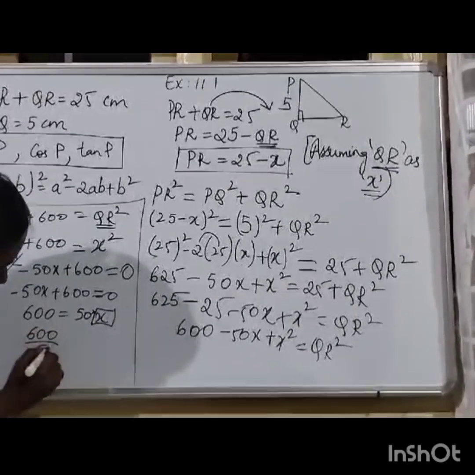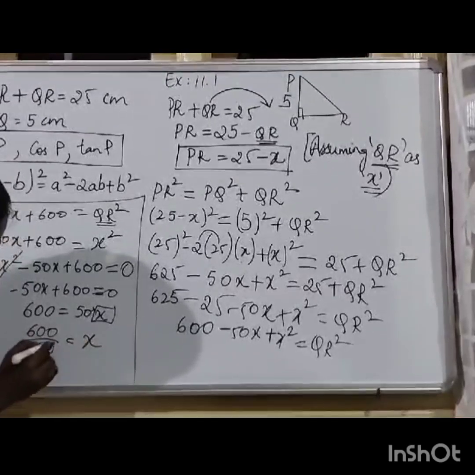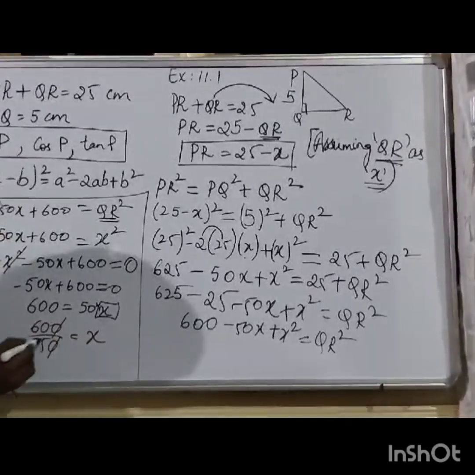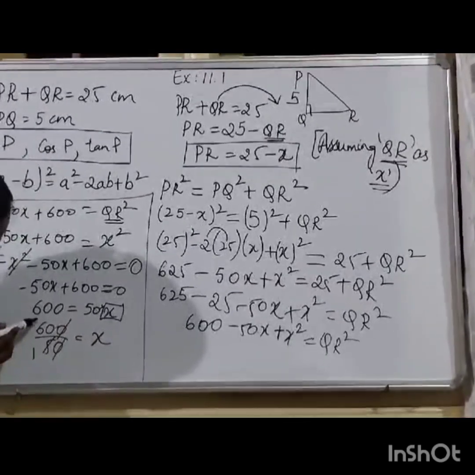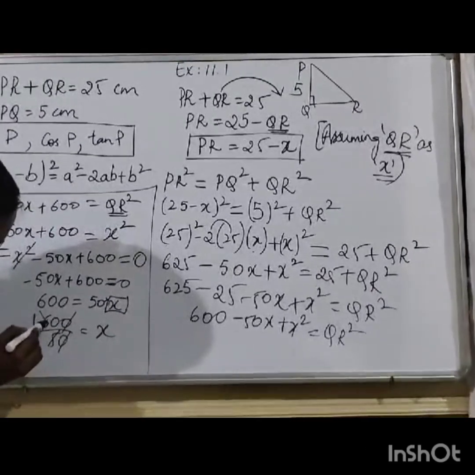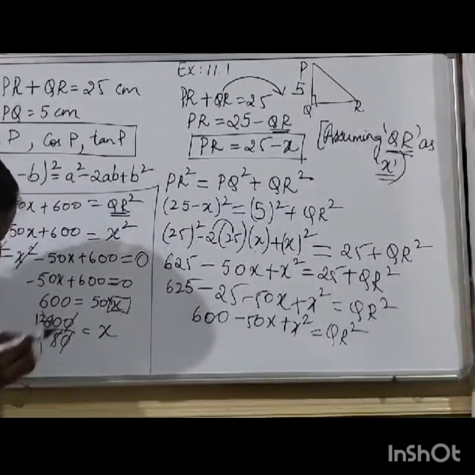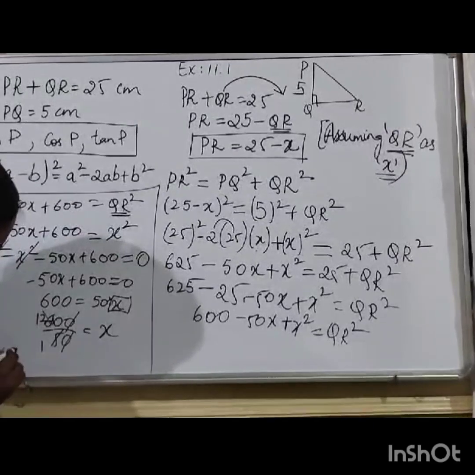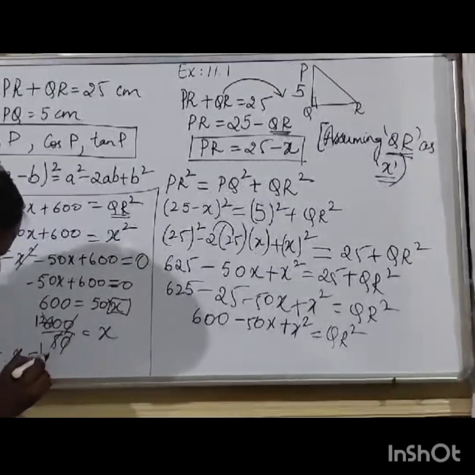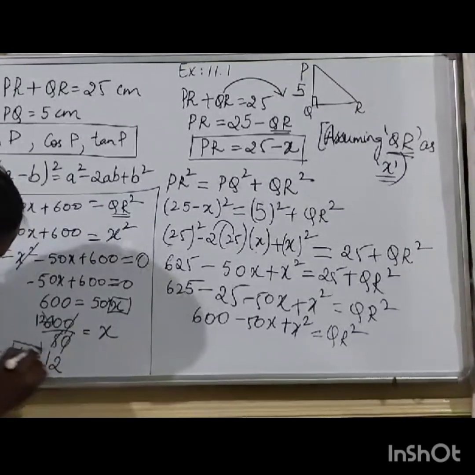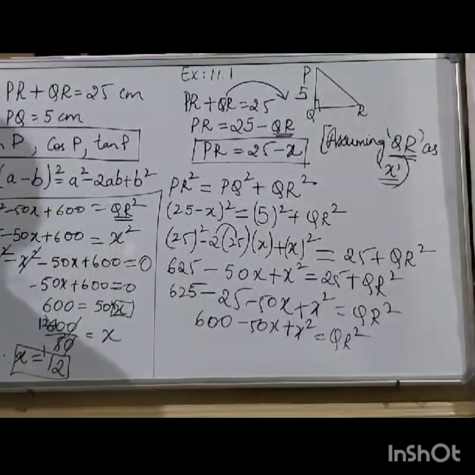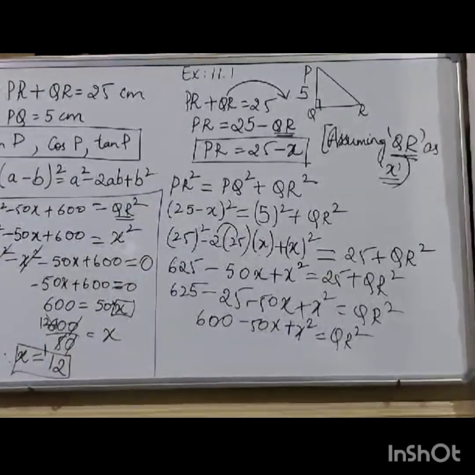So 600 by 50 is equal to x. 0 and 0 will get cancelled. 5 1s are 5. 5 2s are 10. So therefore x value is 12. So we got the x value as 12.